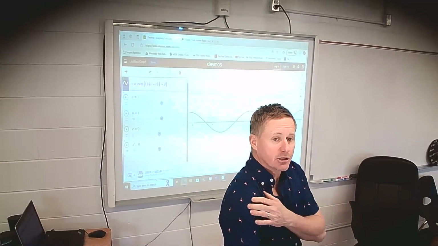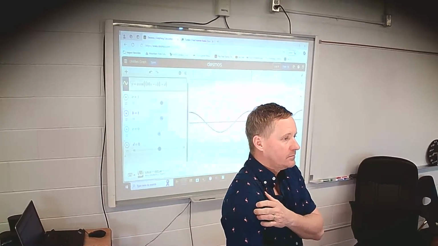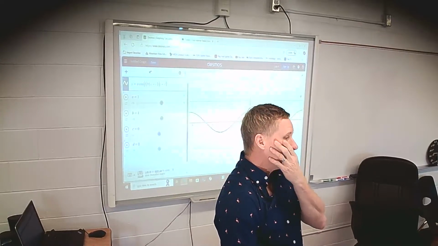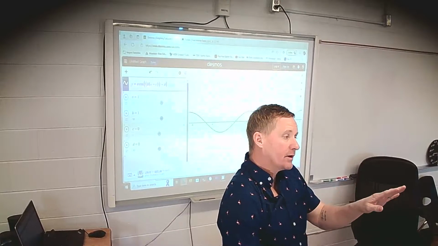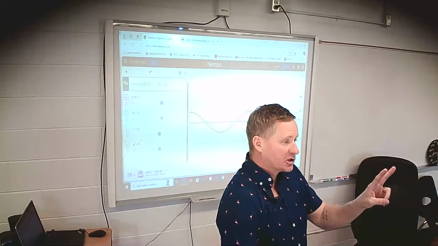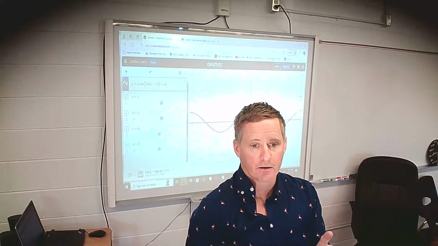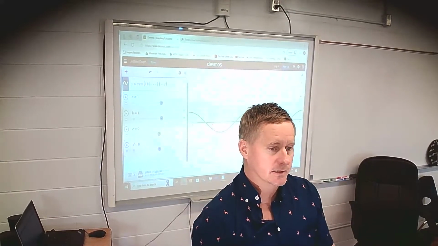What does a negative 4 do to the graph? What's the transformation? We got to be able to explain that. Of negative 4. Okay, so you can say it that way. But really there's two transformations there, isn't there? Vertical stretch by a factor of 4 and a reflection over the x-axis.